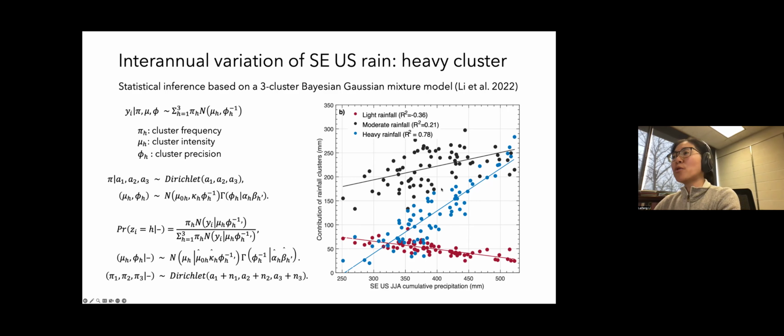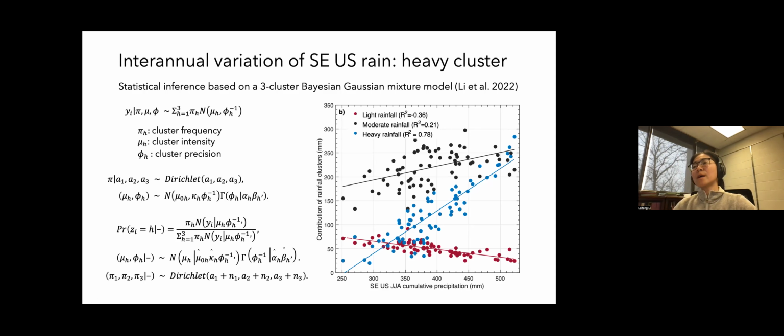But if more rainfall falls into the heavy rainfall category, we can see there's a linear increase of the total precipitation as a function of the cluster contribution of the heavy rainfall, indicating if more events fall as heavy rainfall, then the entire summer tends to receive an increased amount of total precipitation.